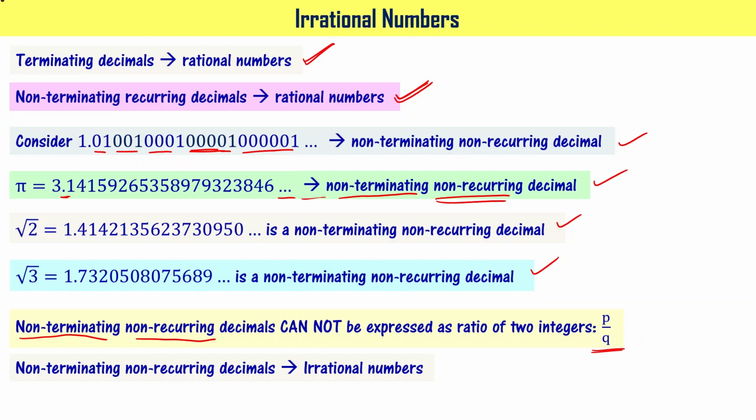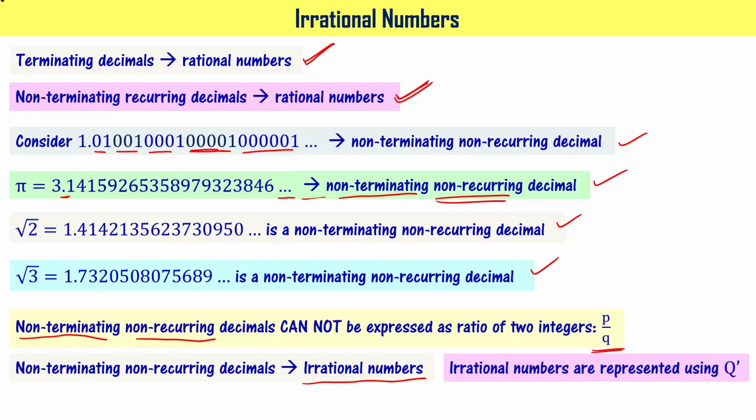That's why they cannot be called rational numbers. So they are called irrational numbers. You understood now what it means by irrational numbers? The numbers that cannot be represented as ratio of two integers are called irrational numbers. Irrational numbers are represented using Q prime. Please note this.